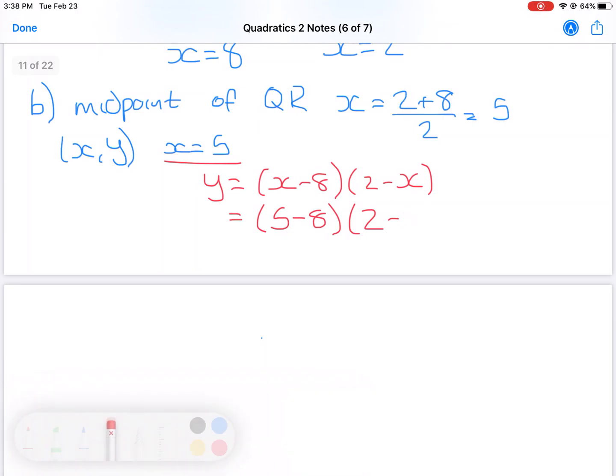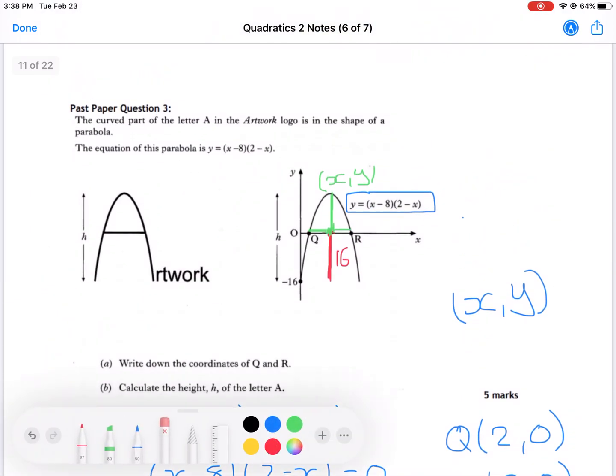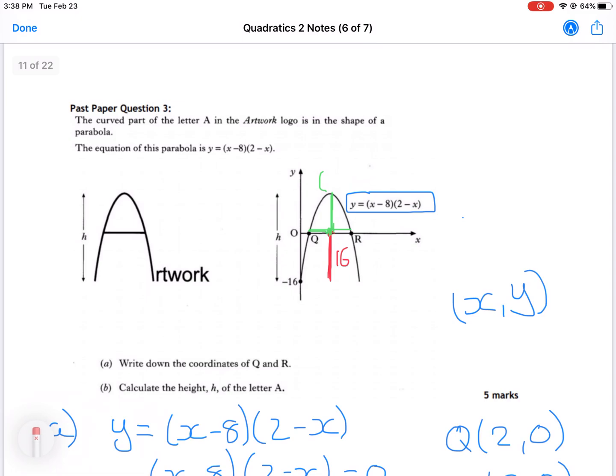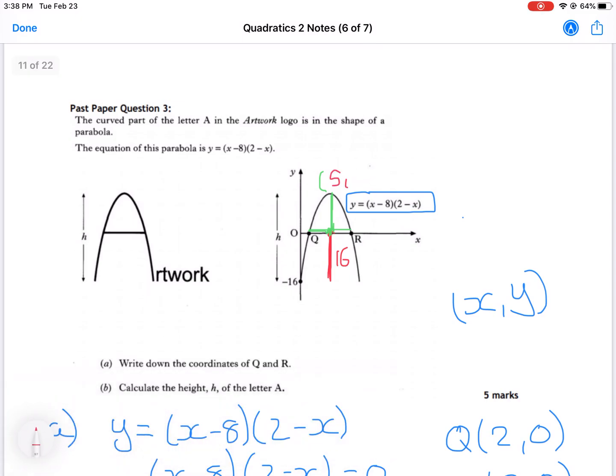That's a 5, not an x anymore. That becomes 5 take away 8, which is negative 3, times 2 take away 5, which is also negative 3. So y is equal to 9. Therefore, the point up here, (x, y), which I've put in green there, has to be the point (5, 9).